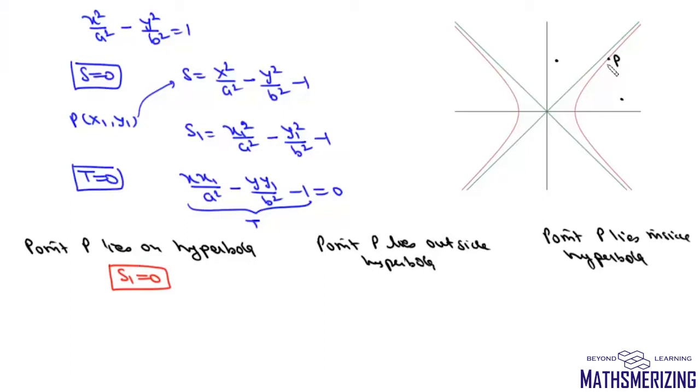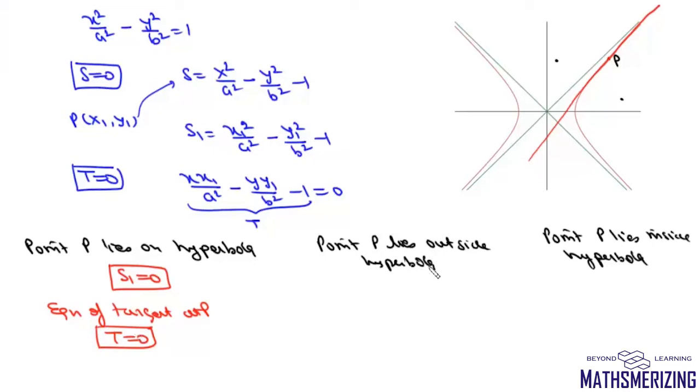Now if the point P lies on hyperbola, then we know that T equals 0 will give us the equation of tangent. So in this case, equation of tangent at P, it is given by T equals 0.